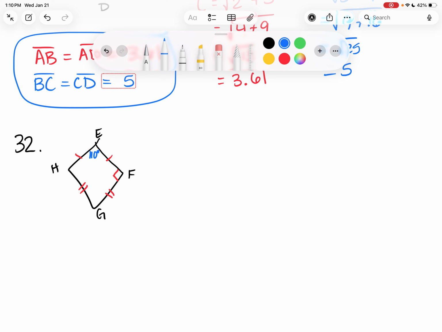So if I know that this is 90 degrees, these look like they're my two short sides, and then these are the two, I'm assuming, longer sides. So what do I know then? What other piece of information do I know?